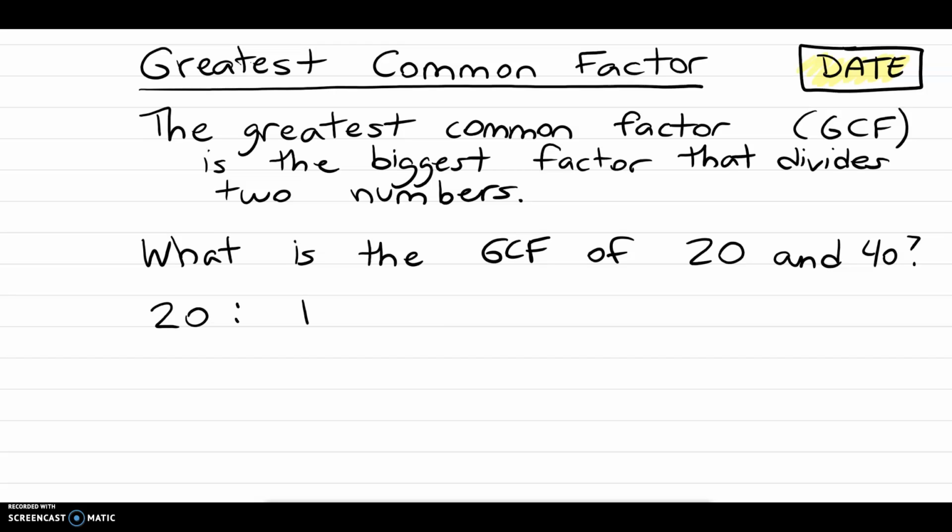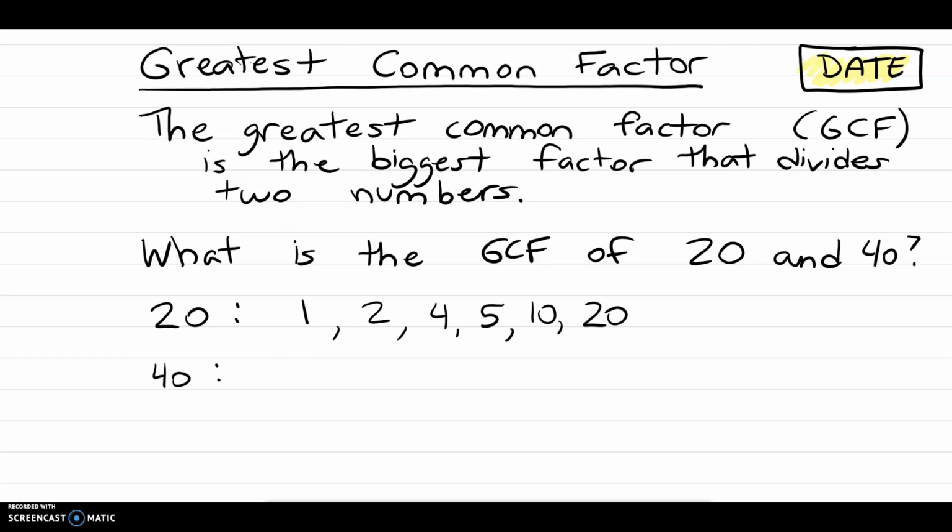So for 20, we have 1 times 20. I like putting them in order. 2 times 10, and then 4 times 5. Those are all my factors for 20, the factors I can use to multiply together to get 20.